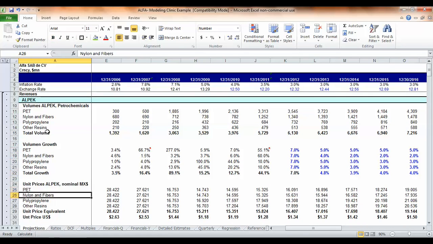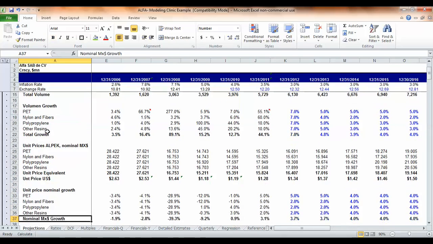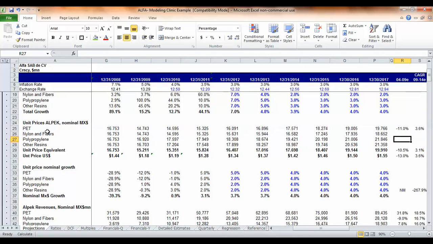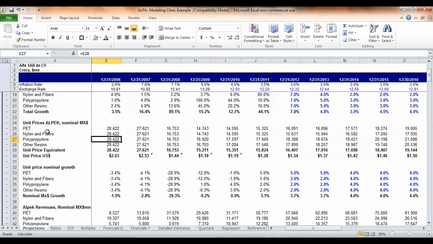In some cases, going closer to 2011, for instance, we have more specific pricing for the average product line, the PET and for nylon. Very similar. For propylene it is a little bit higher, and other resins is in between. And then you have the average unit price. This is the average selling price, also called ASP.